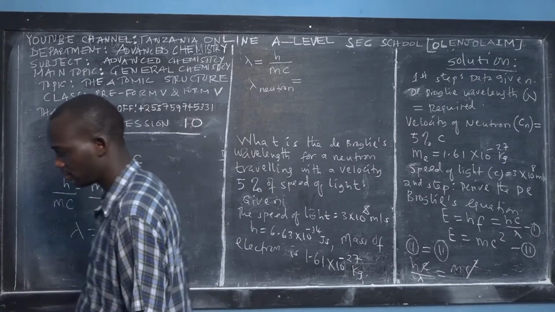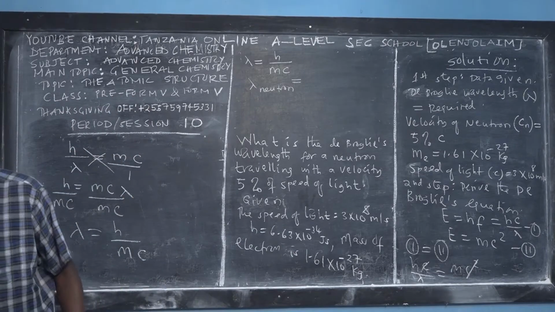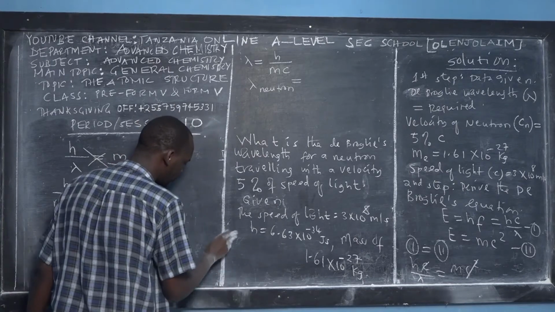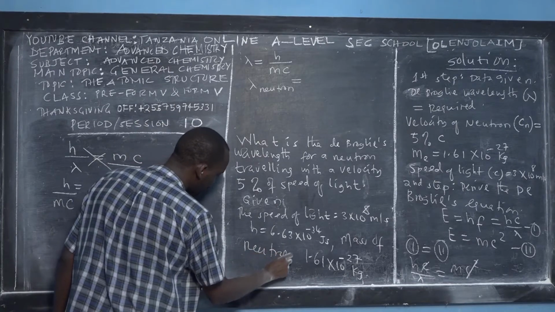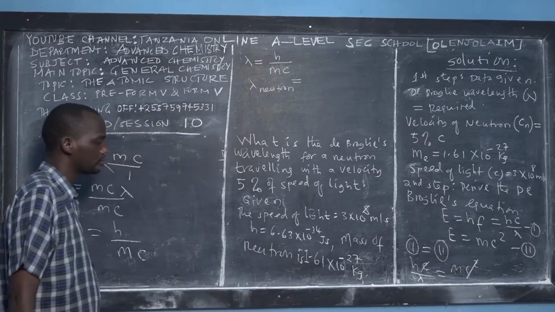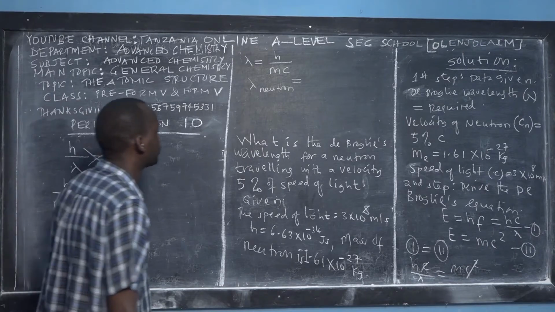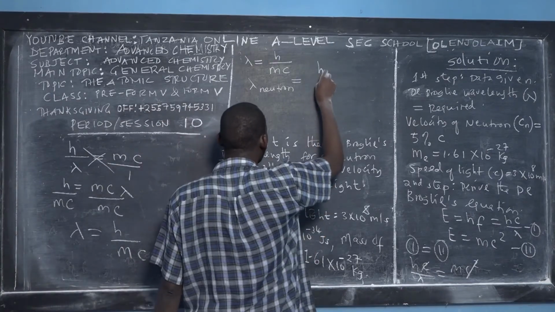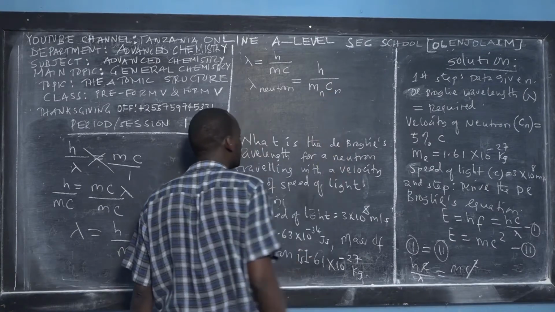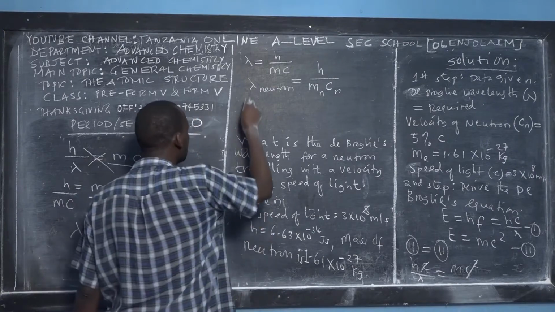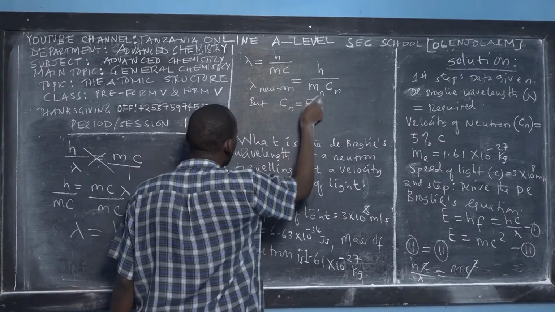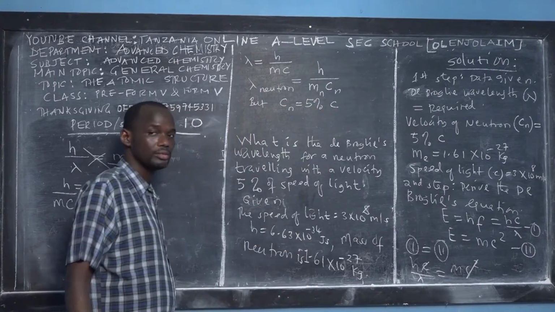I'm sorry, this is the mass of the neutron, not the electron. Thank you, God, for reminding me. It's not the mass of the proton. So it will be Planck's constant over the mass of the neutron and then the speed of the neutron. But from the question, you have to remember that the speed of the neutron is 5% of the speed of light. Right?